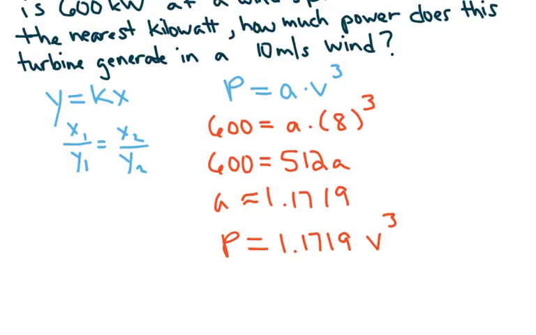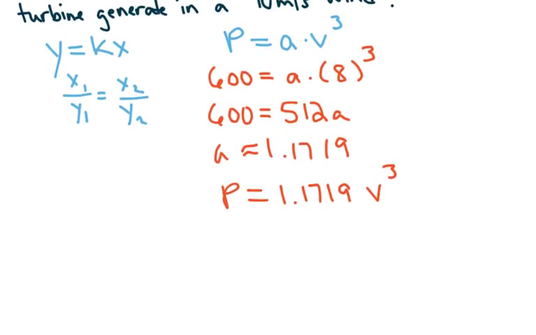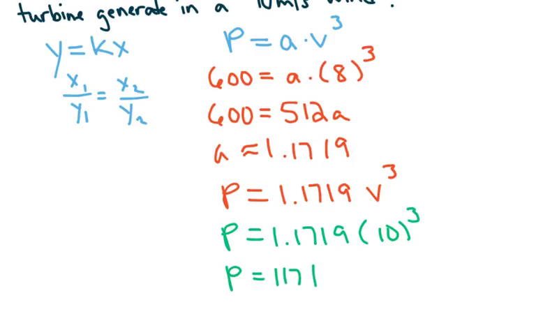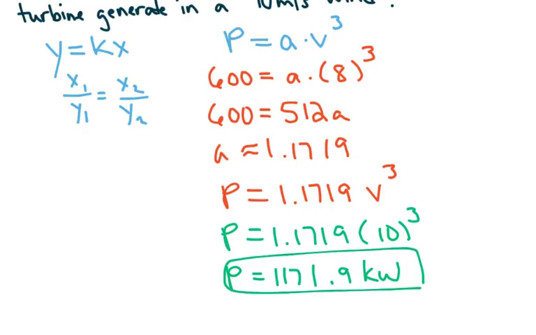Now I can plug 10 in for V to find out what the power is for that wind turbine. So 1.1719 times 10 to the third is going to be 1,171.9 kilowatts.